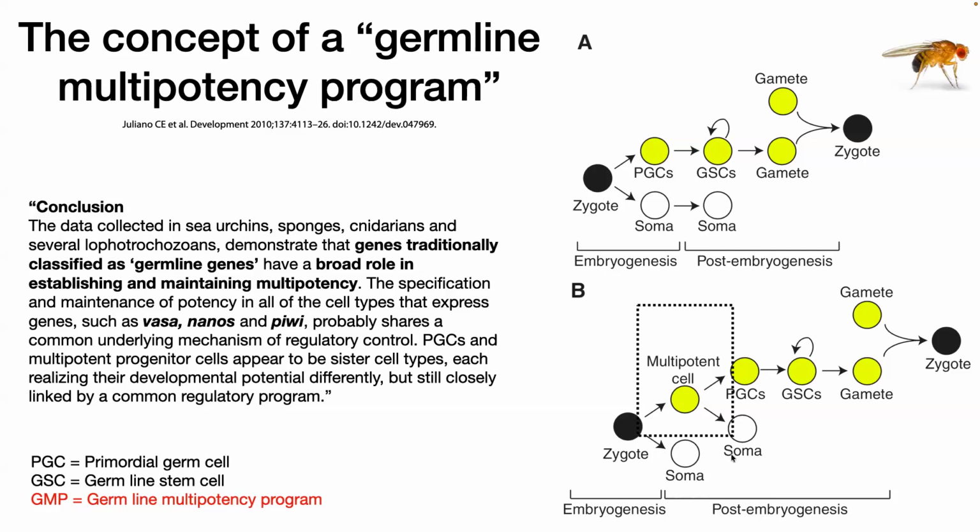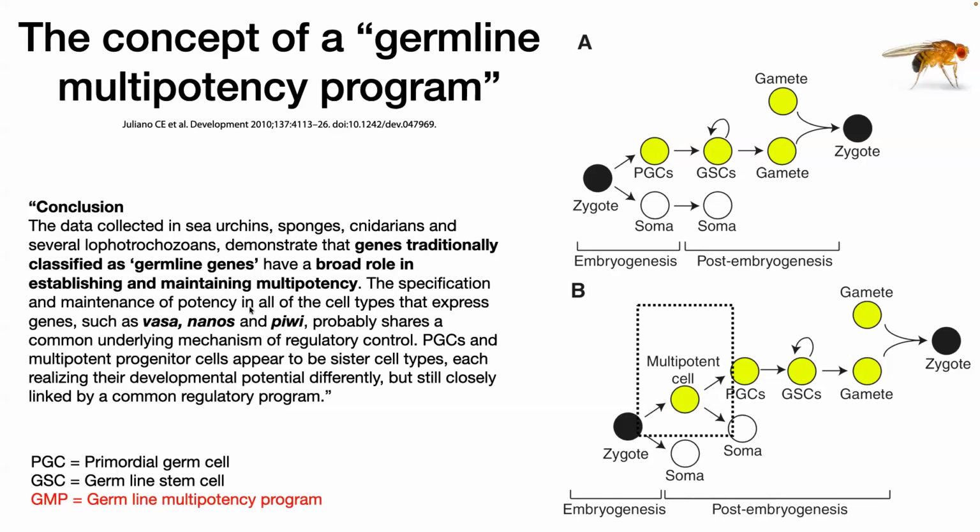So this is a quote from the conclusion of this 2010 paper, basically comparing across various deuterostome and protostome systems, and actually even the sponges and cnidarians. They say that essentially genes traditionally classified as germline genes in the fly have a broad role in establishing and maintaining pluripotency.